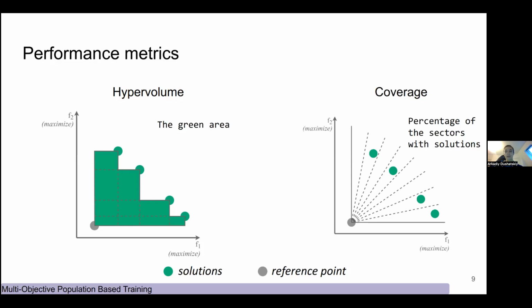And in practice, higher coverage means that the practitioner has more options to choose from different trade-offs. And we use both of these metrics in our evaluation of different algorithms.